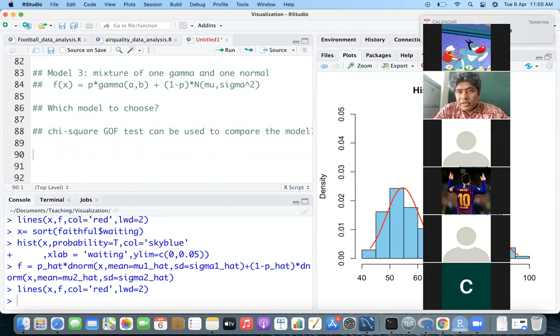There is somebody else saying something: KL divergence between data and samples generated from the model. Very good.